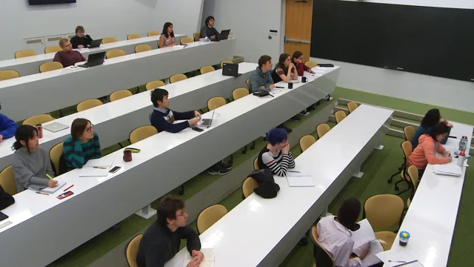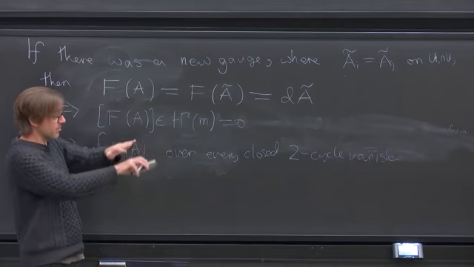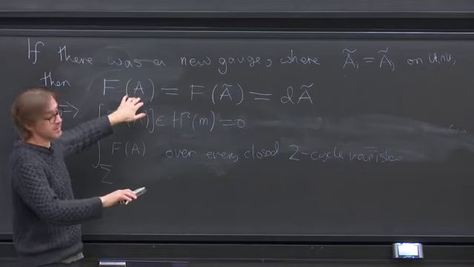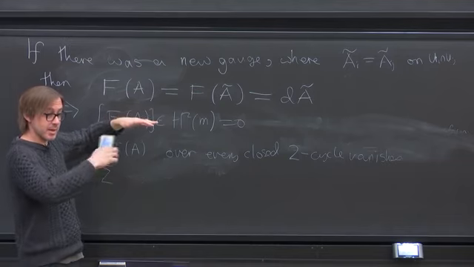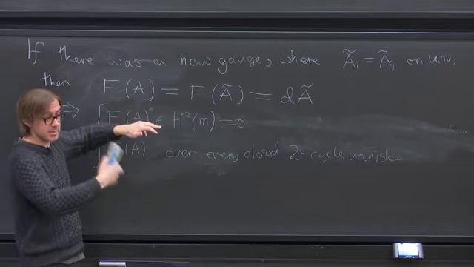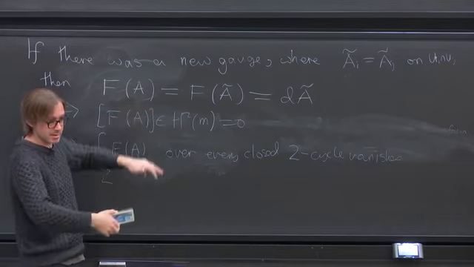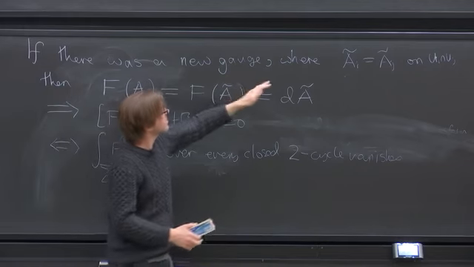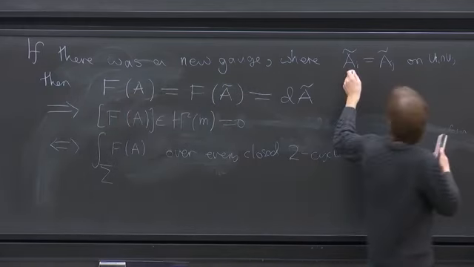So if I choose a gauge, then I can represent on each patch my field by an actual gauge field. In a different gauge, they'll be related by some gauge transformation. So when I say a new gauge, what does it mean to choose a new gauge?